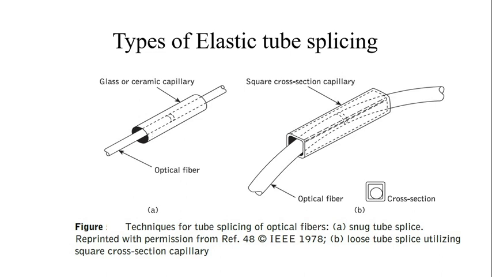Next, transparent adhesive is injected through a transverse bore in the capillary to give mechanical sealing or index matching of the splice. So from this we can have a permanent connection.